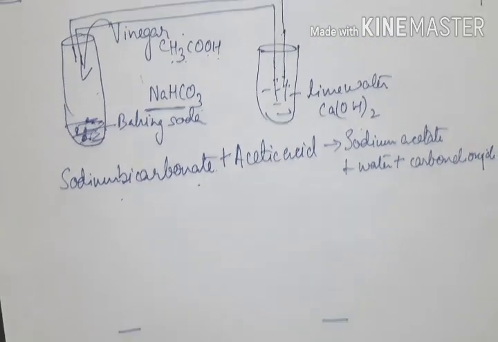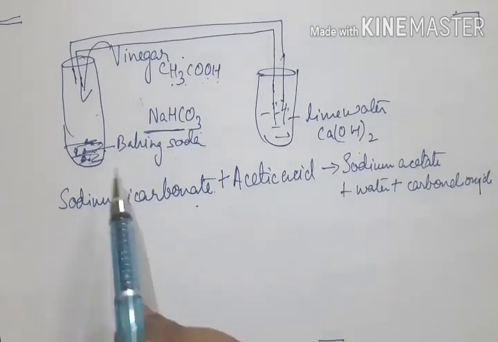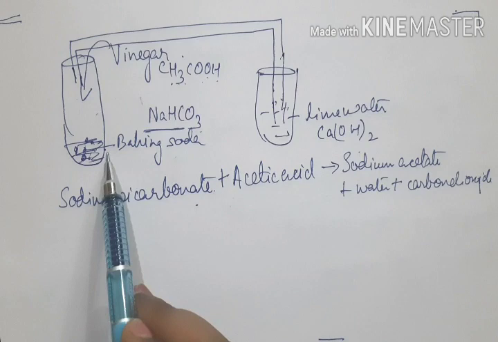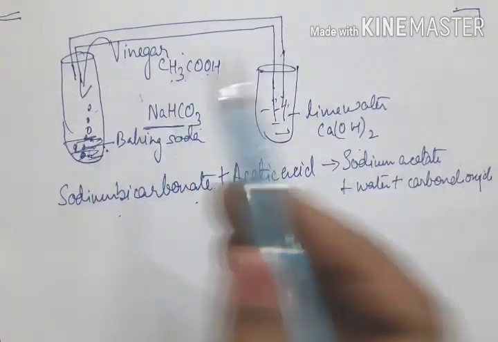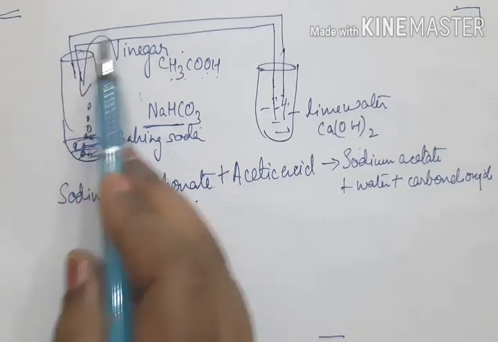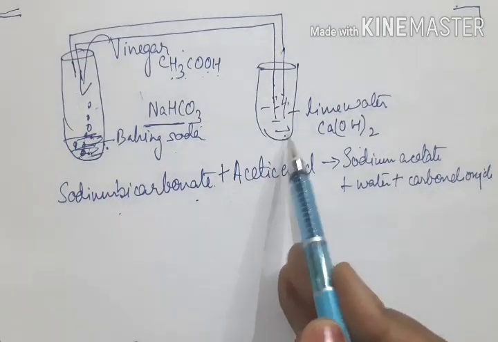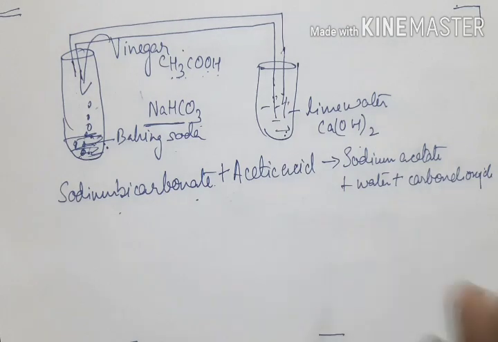So in this diagram you can see that vinegar is added to baking soda, there is a reaction and brisk effervescence of a gas coming out that is colorless, odorless, and when passed through lime water, that gas turns lime water milky.